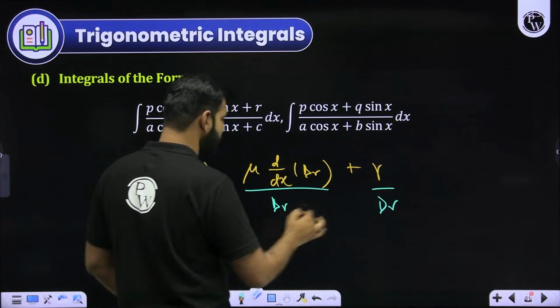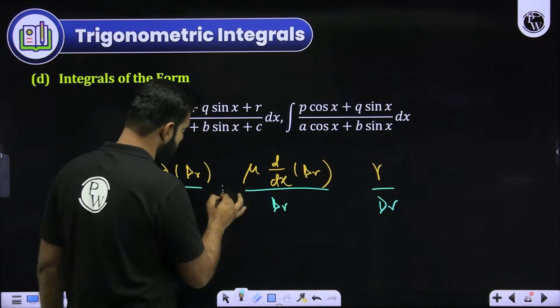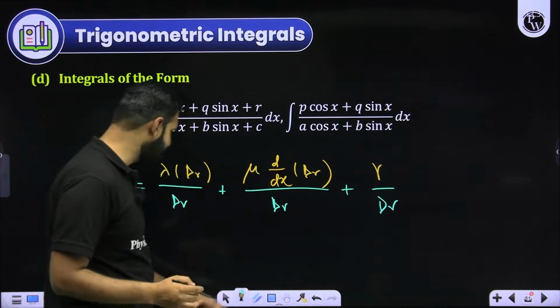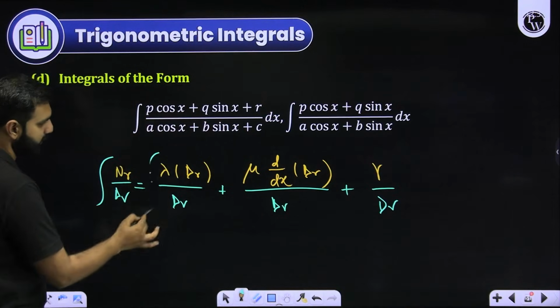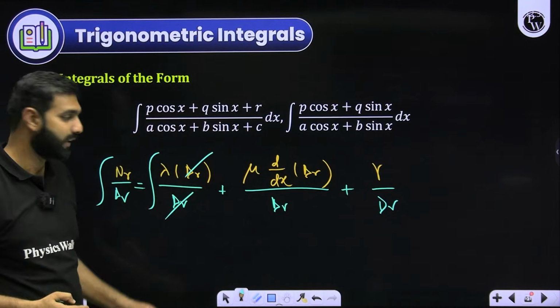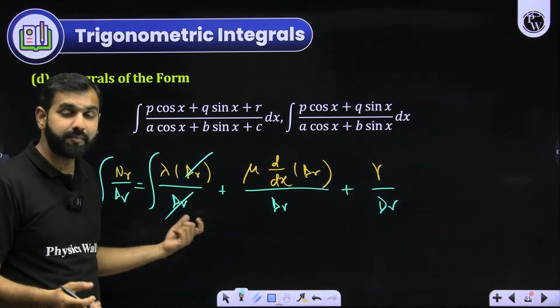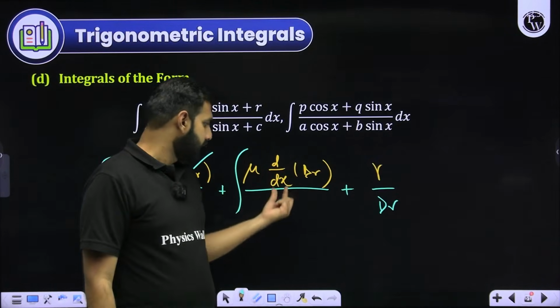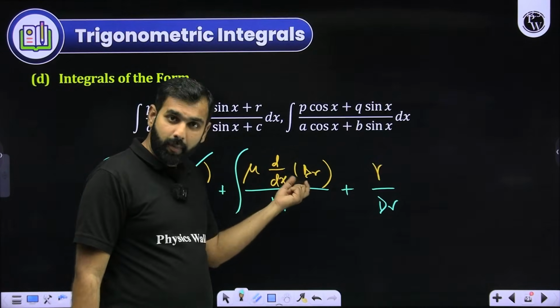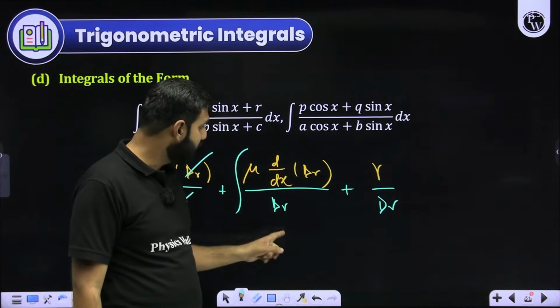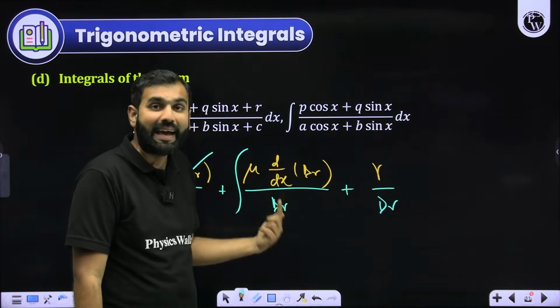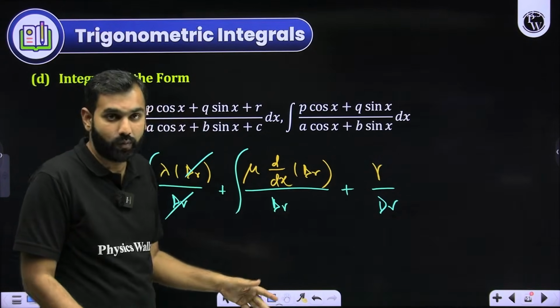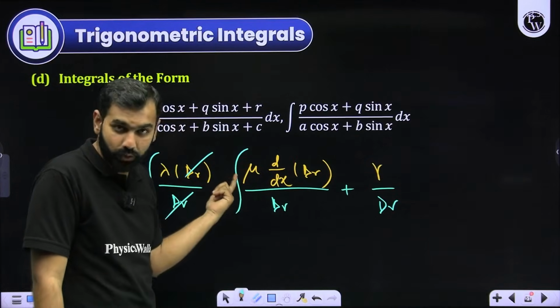I hope there is no confusion on that. And if I am integrating this, the denominator cancels. Lambda being constant, the integration becomes lambda x. Here, the integration is done where the numerator is the derivative of the denominator. So if I take the denominator as t, this is dt. So 1 upon t gives ln t, and of course ln mod of t. What is t? t is the denominator.